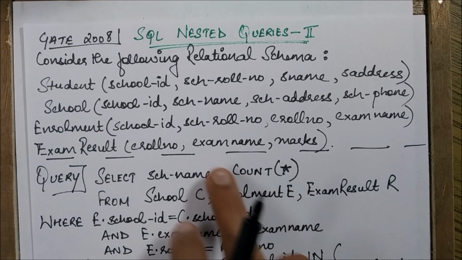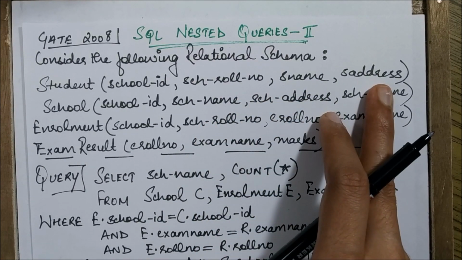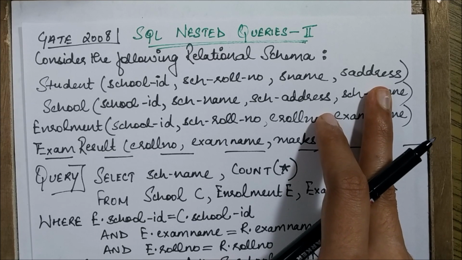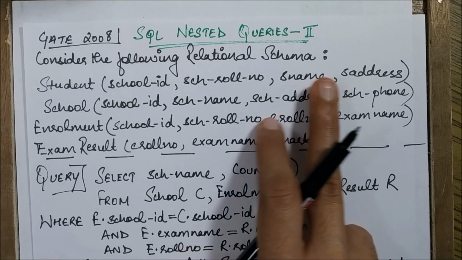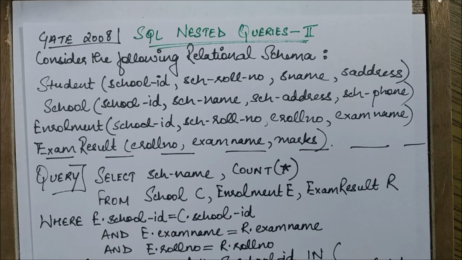It has school ID, school roll number, S name, which is student name, and student address. So now if I just perform a group by operation over here on the basis of school ID, what am I going to get?